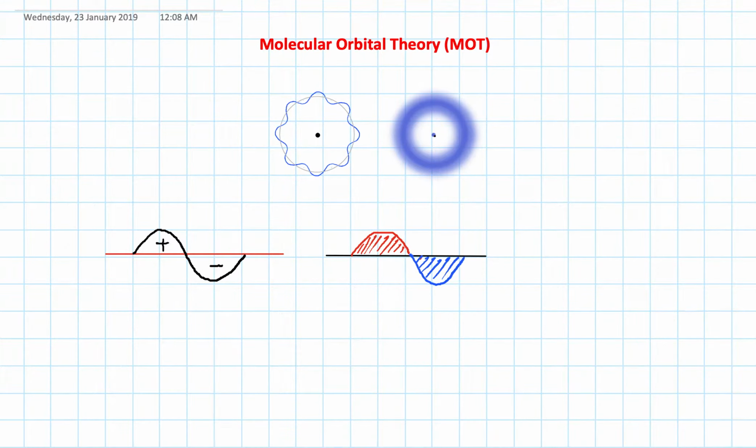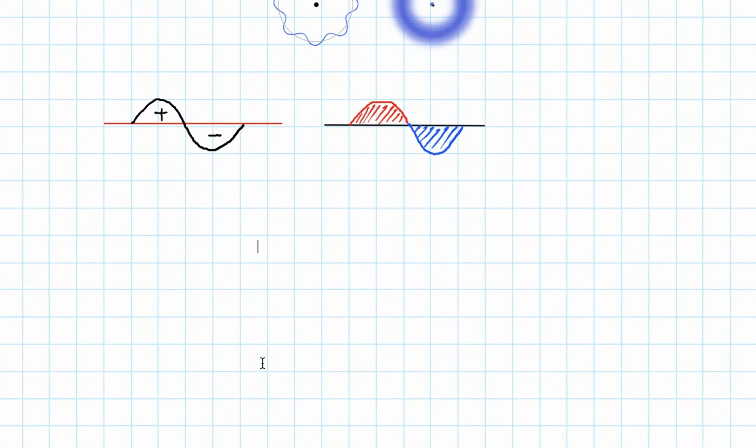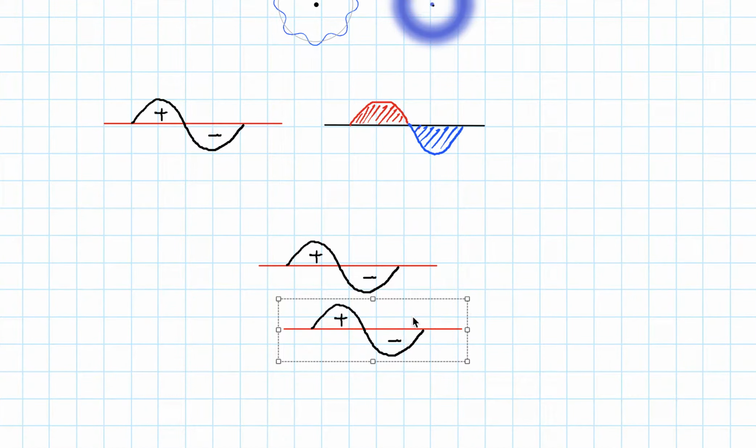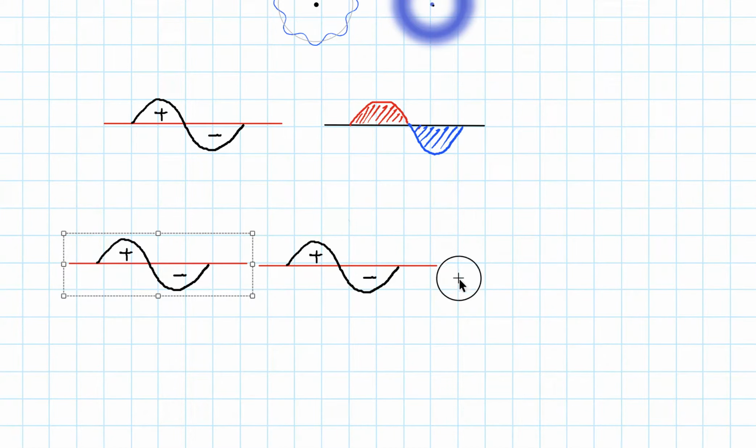When waves combine together, which happens when atoms combine together and we consider the wave nature of electron, suppose we take this wave, one of the waves, and we want to combine it with another one.